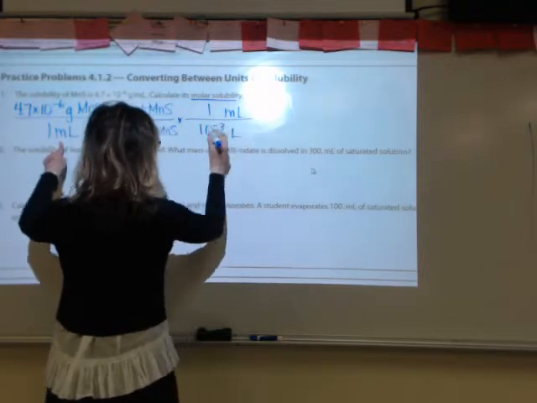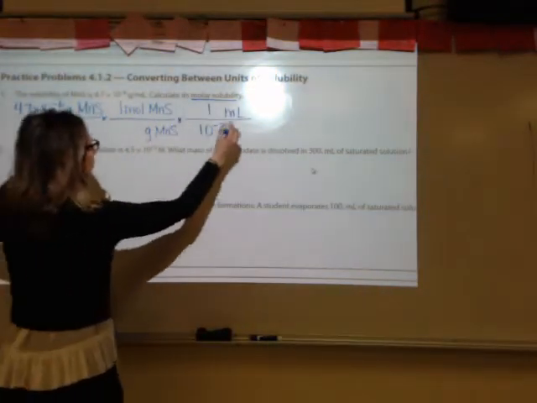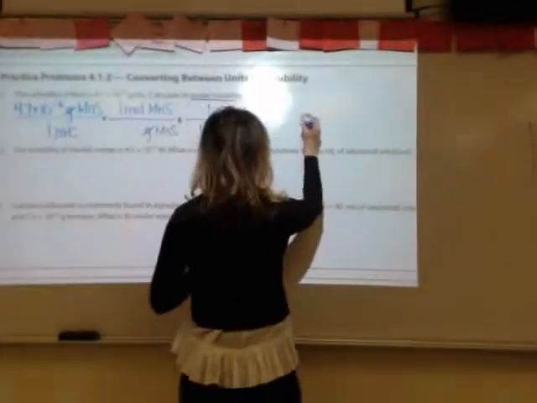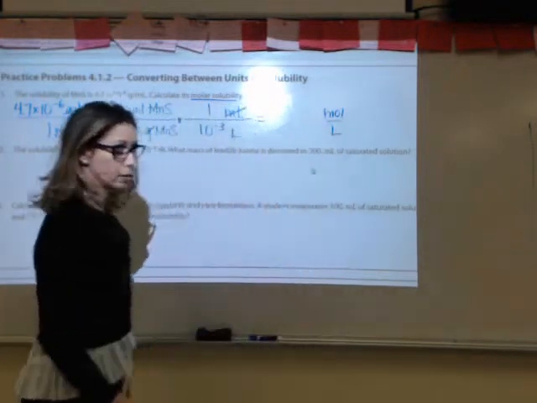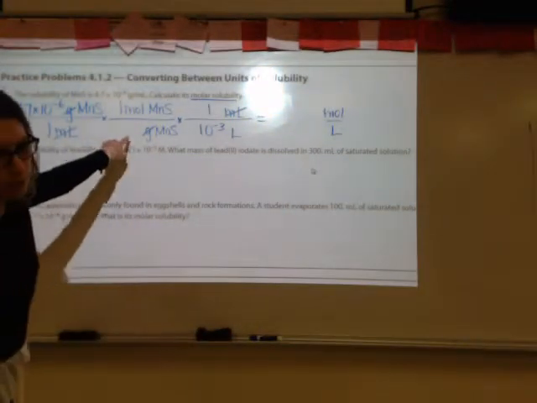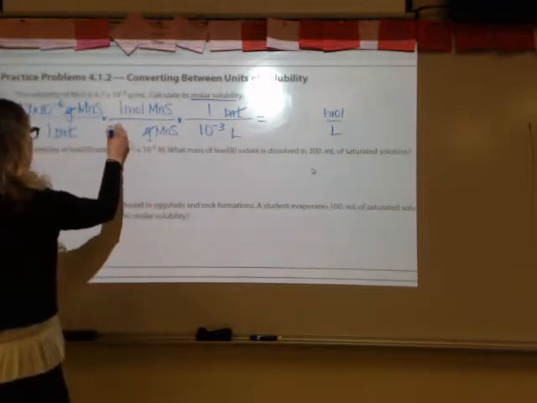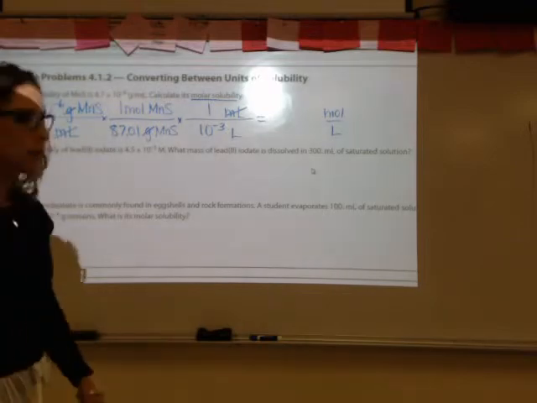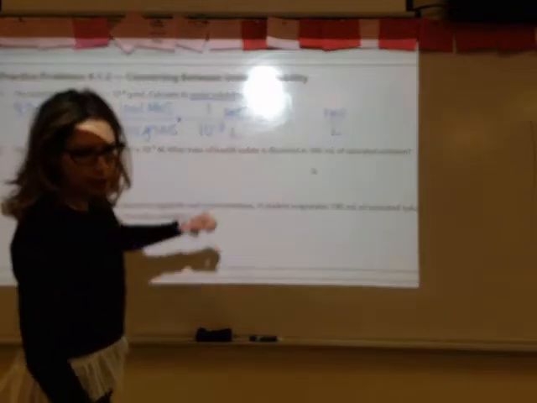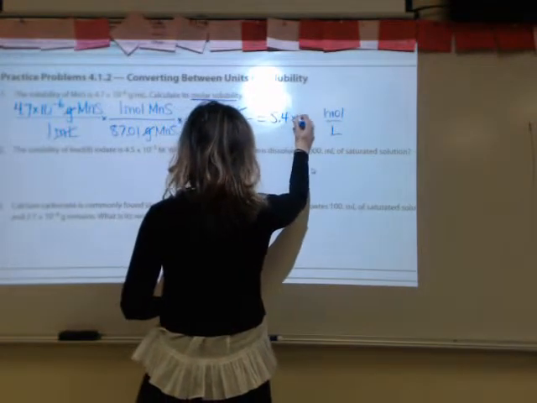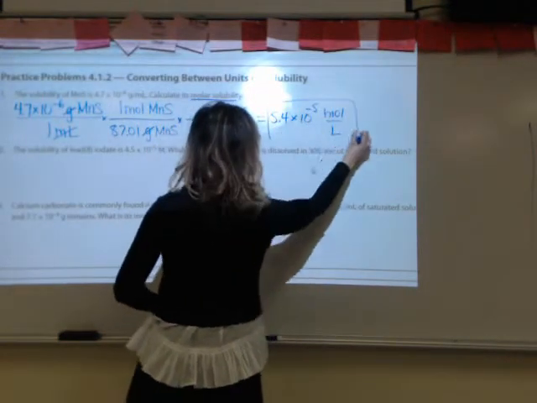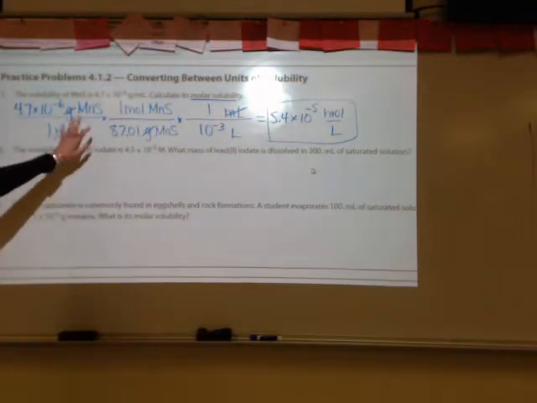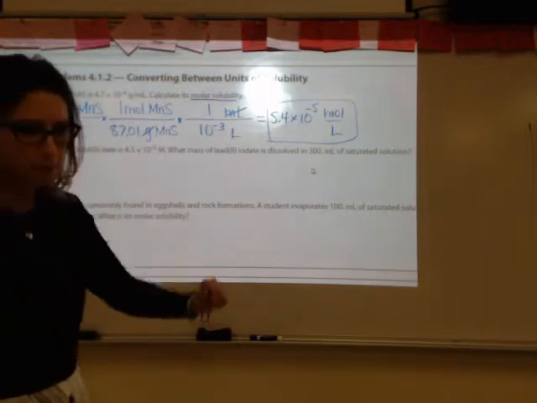So 1 milli is 10 to the negative 3 liters, right? So milliliters will cancel there, grams will cancel here, and you'll end up with moles per liter, which is molar solubility. Okay, the molar mass of manganese 2 sulfide is 87.01. I already did it for you earlier, okay? You're going to divide, you're going to end up getting 5.4 times 10 to the negative 5th. Something you can do? Totally, okay.